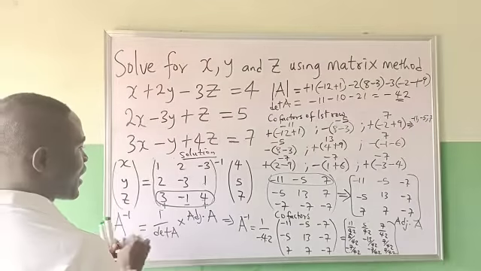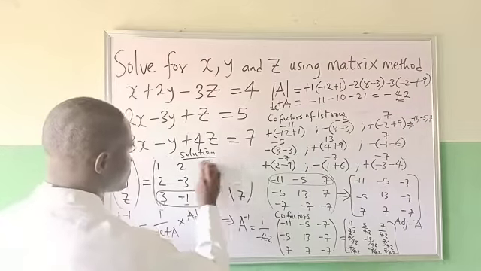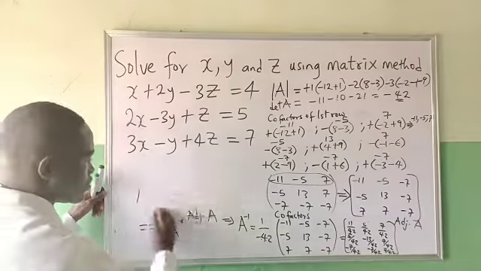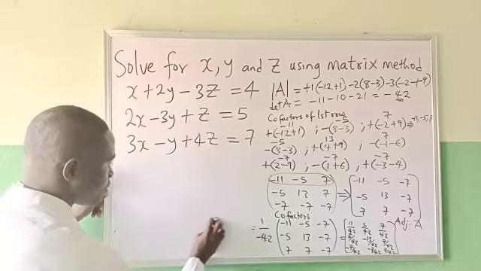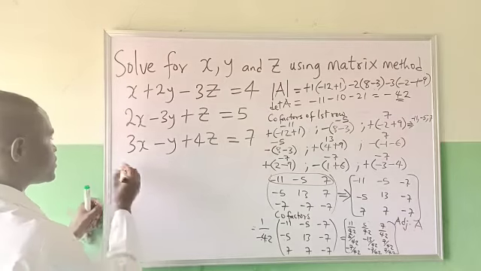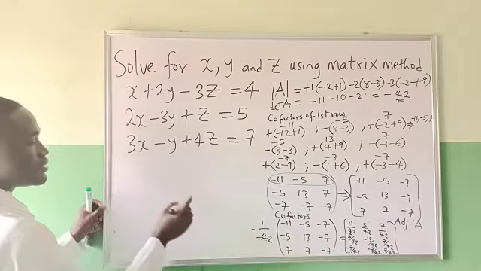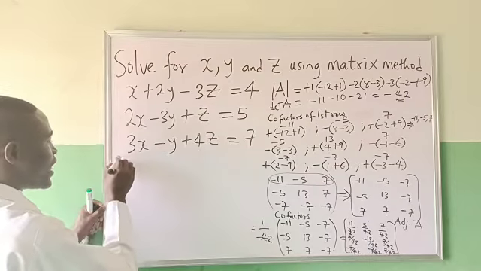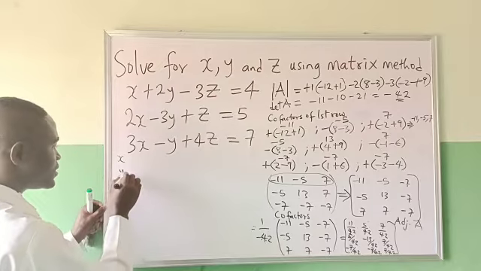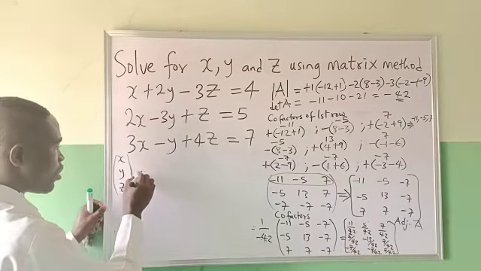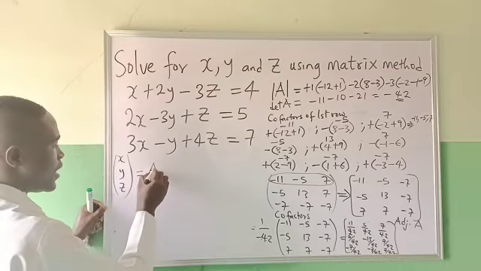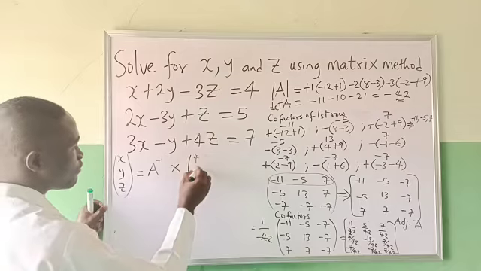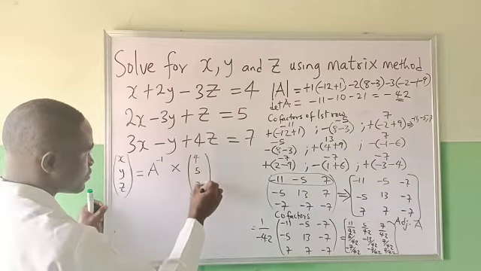Let's summarize our answer. So to summarize it, we now say, since we said that x, y, z is equal to A inverse times what? 4, 5, 7.